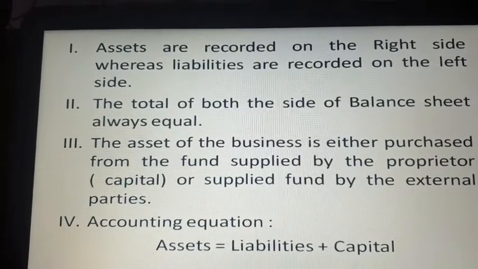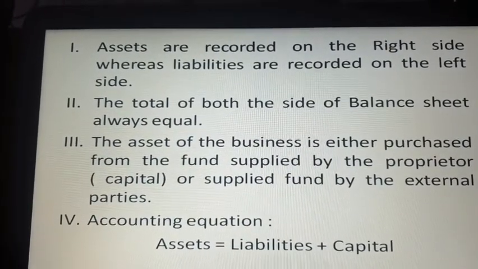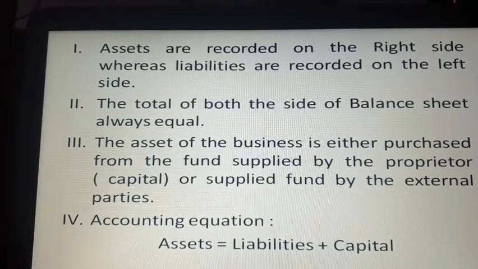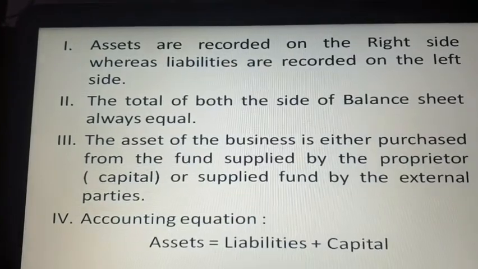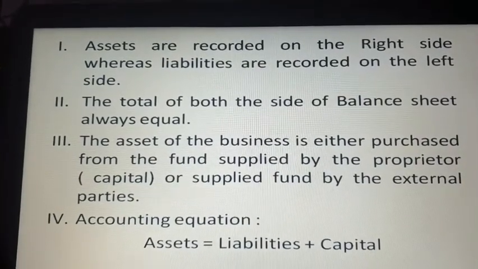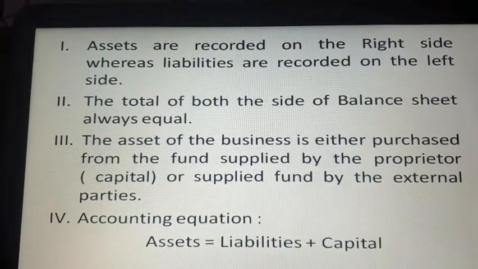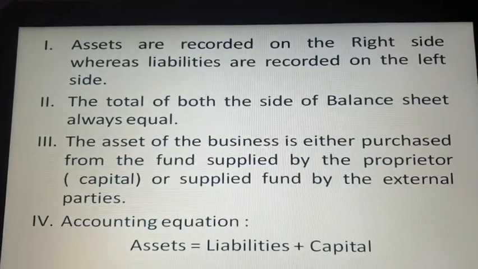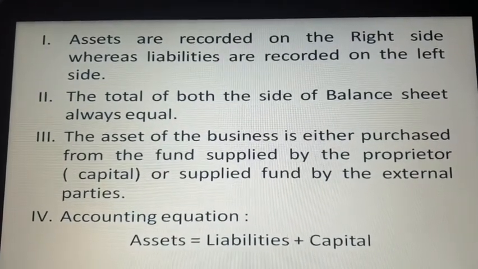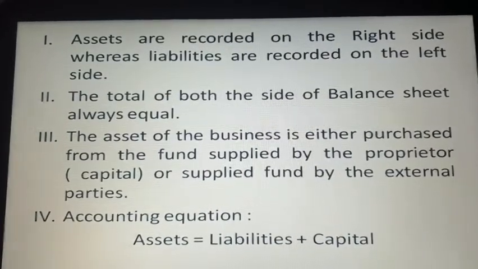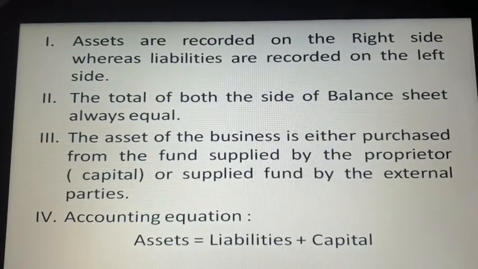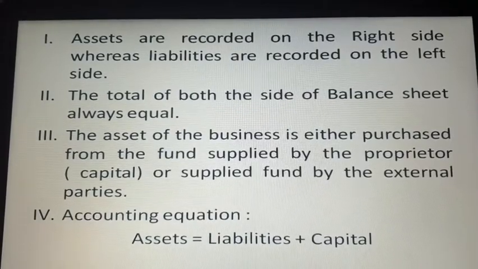Why are the totals of both sides equal? Because the assets of the business are purchased either from the funds supplied by the proprietor or by the external parties. So whatever assets we are showing on the right hand side are purchased either by internal funds or by funds supplied by external parties.